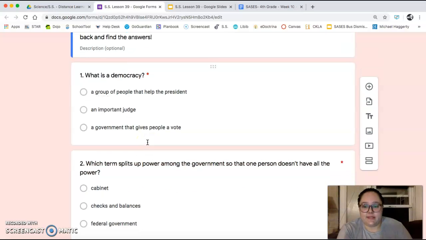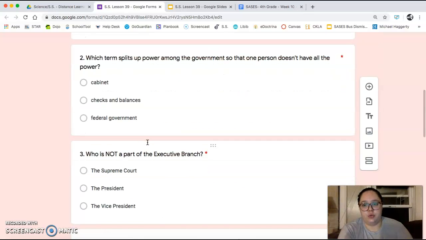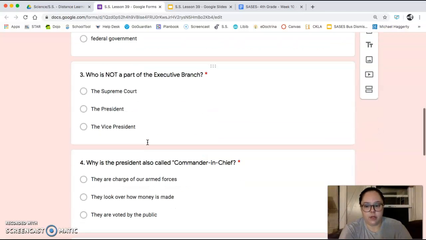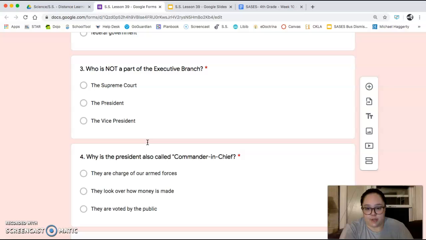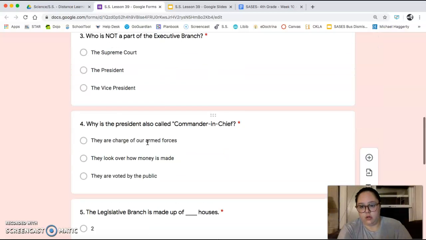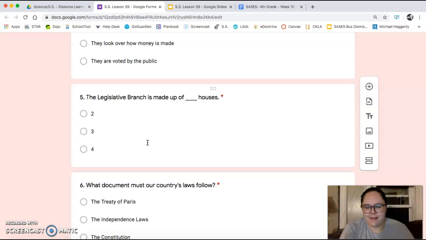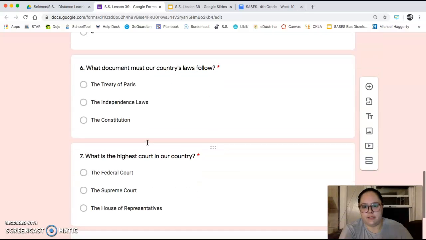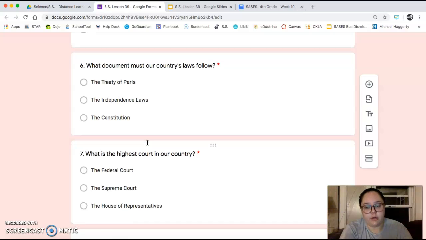Number 1, what is a democracy? Number 2, which term splits up power among the government so that one person doesn't have all the power? 3, who is not a part of the executive branch? 4, why is the president also called commander-in-chief? 5, the legislative branch is made up of blank houses. 6, what document must our country's laws follow? 7, what is the highest court in our country?